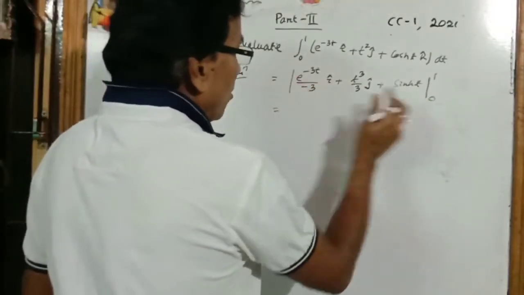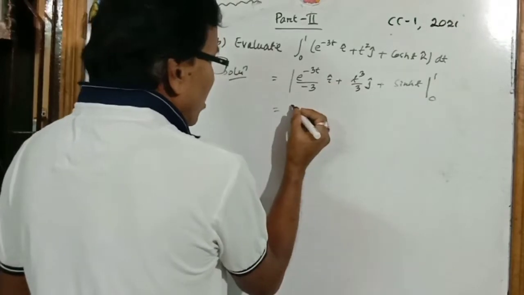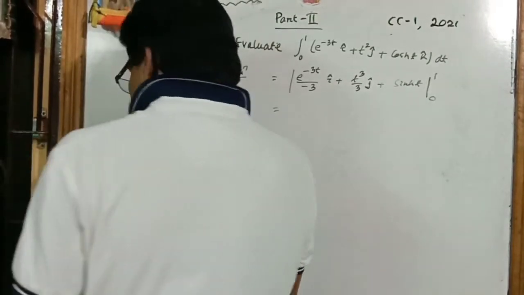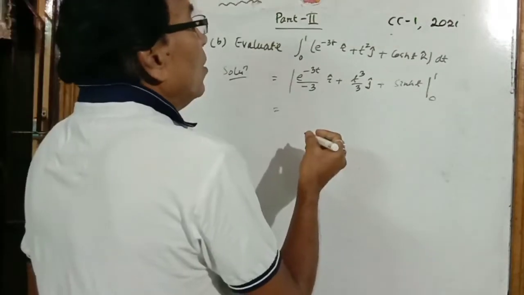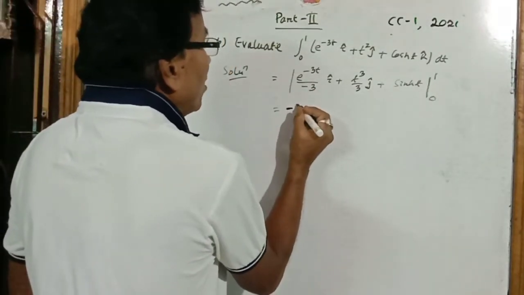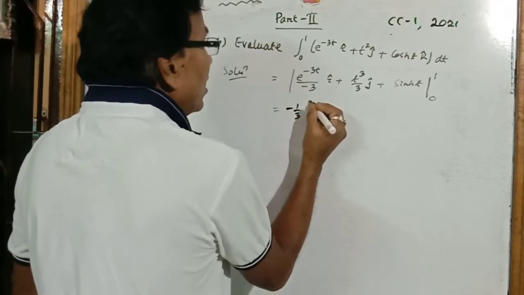Now on putting the upper limit, we are getting minus 1 by 3, which is a constant, so take it out.